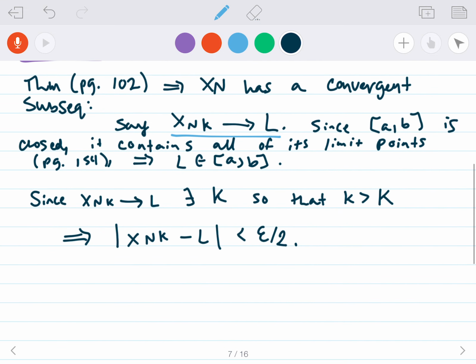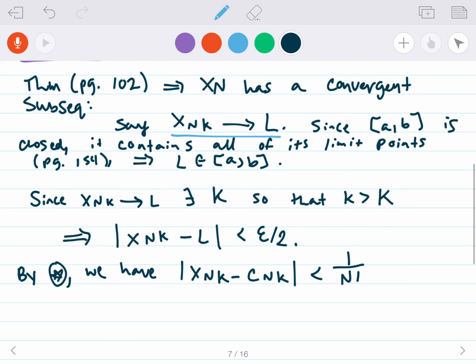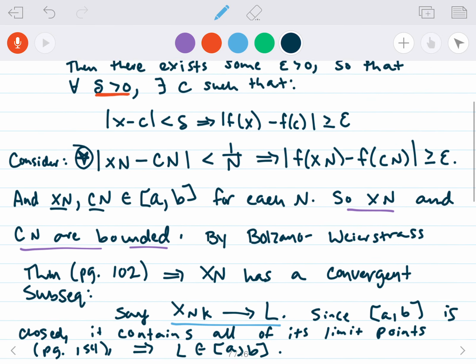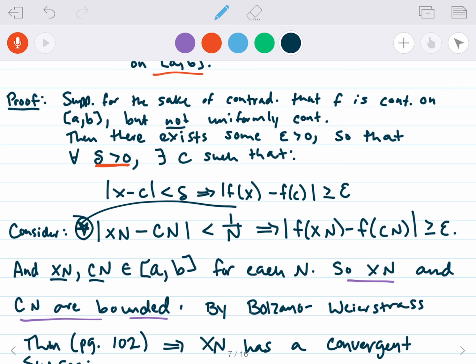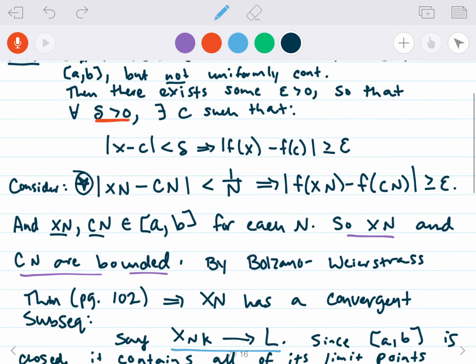All right, and so by star, we have x sub nk minus c sub nk is going to be less than 1 over nk. Okay, just looking at what this says right here and subbing in the subsequences.